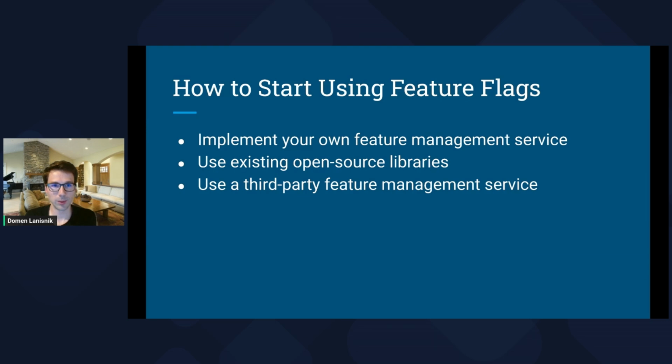You don't have to deploy anything on your servers because it's hosted on the provider's servers, and it's really simple to get started. And these services usually also offer advanced features for more complex use cases. So if you start using this and you need more functionality, they usually provide it.